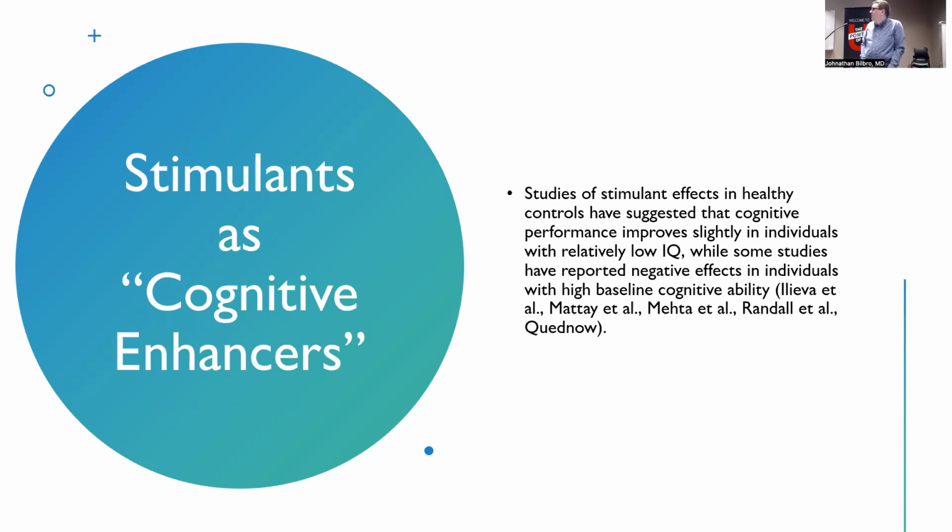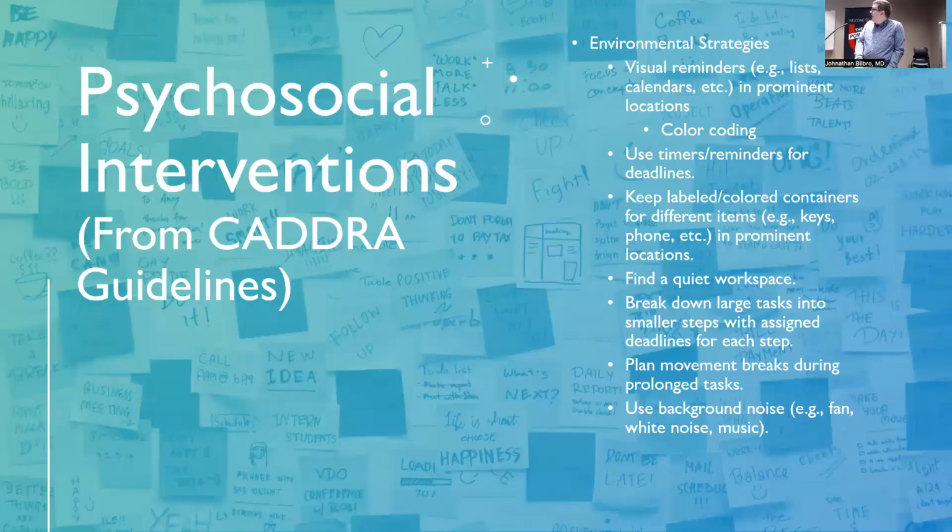Summarizing the literature, most of the studies I saw suggest that individuals with a low baseline IQ do see some cognitive enhancement from using stimulants, even if they don't meet criteria for ADHD, whereas individuals with a high baseline cognitive ability might actually see some impairment. It goes back to that idea we talked about, the U-shaped dose response curve, that sometimes too much dopamine activity is a bad thing, and it's about finding that just right level.